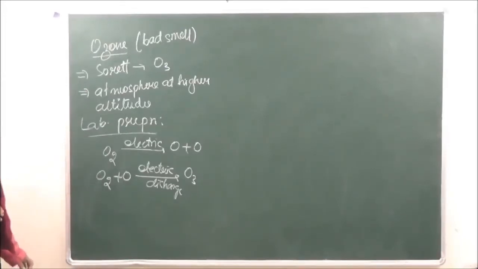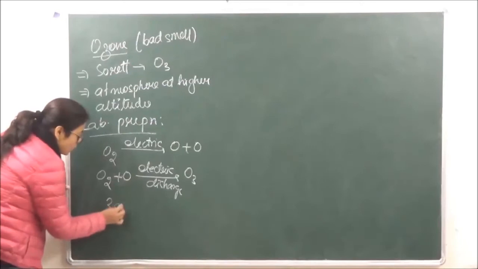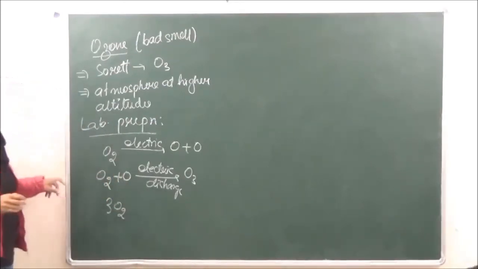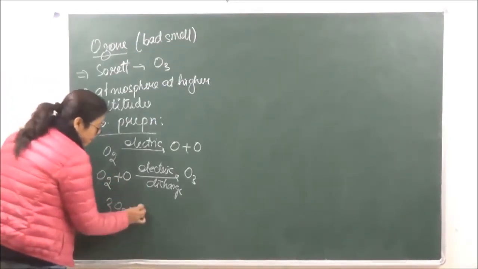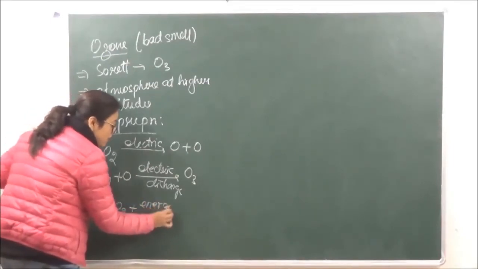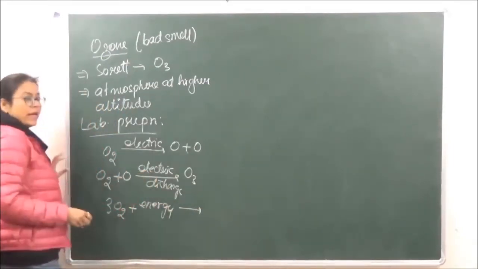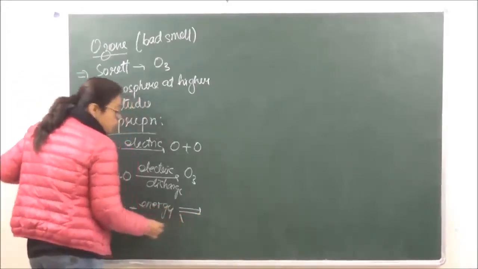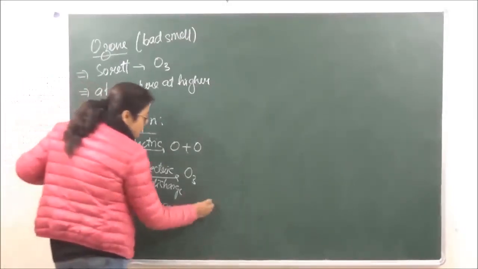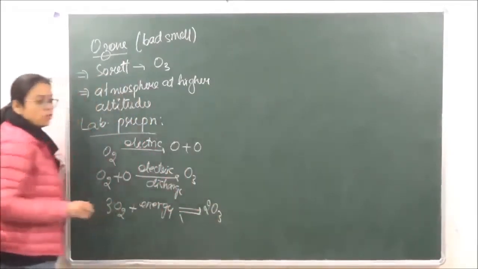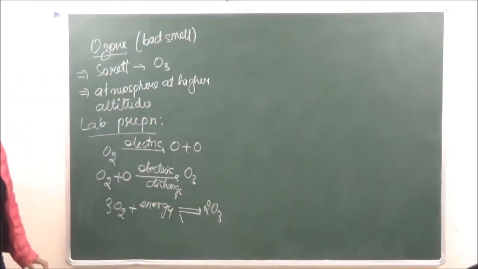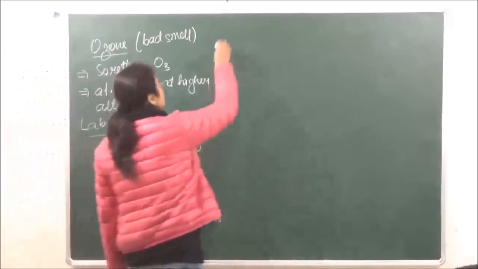So basically oxygen can be converted in presence of energy obtained from the electric discharge, and the reaction is reversible, forming ozone. Okay, now the mixture which we have over here consists of 5 to 10% ozone by volume.